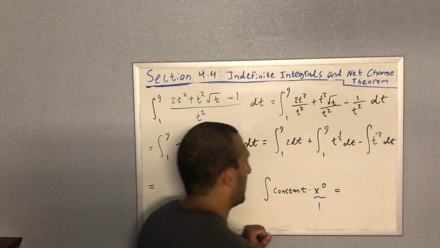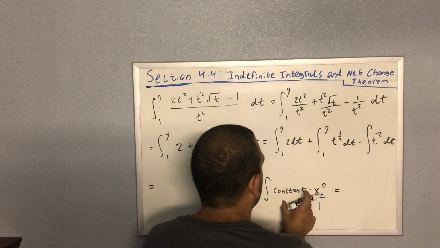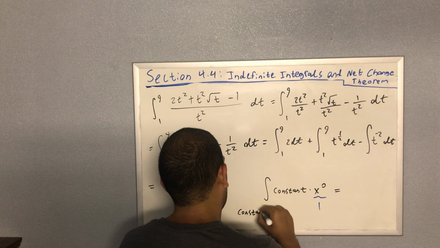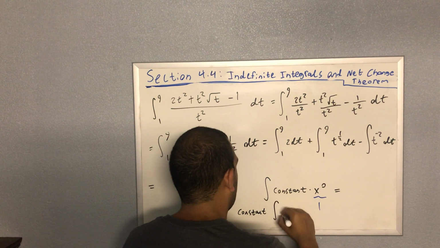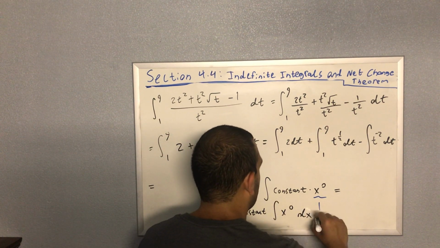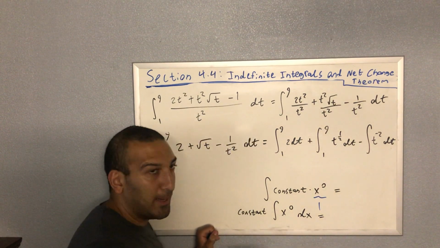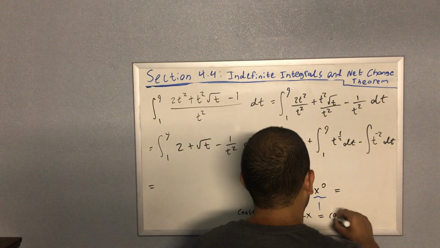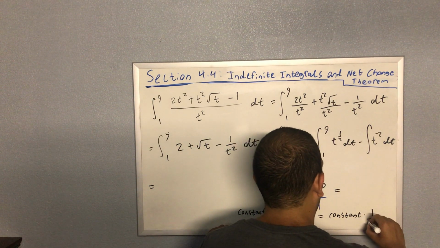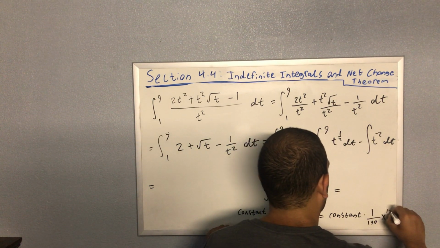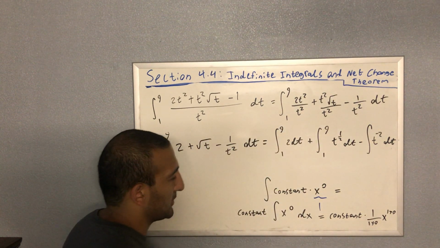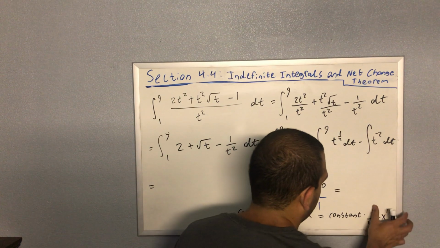So if you apply the rule, the constant will come out, right? So you just have constant times the integral of x to the 0 dx. And now you can apply the power rule. So this is constant times 1 over 1 plus 0, x to the 1 plus 0. Well, okay, 1 plus 0 is just 1. So 1 over 1.